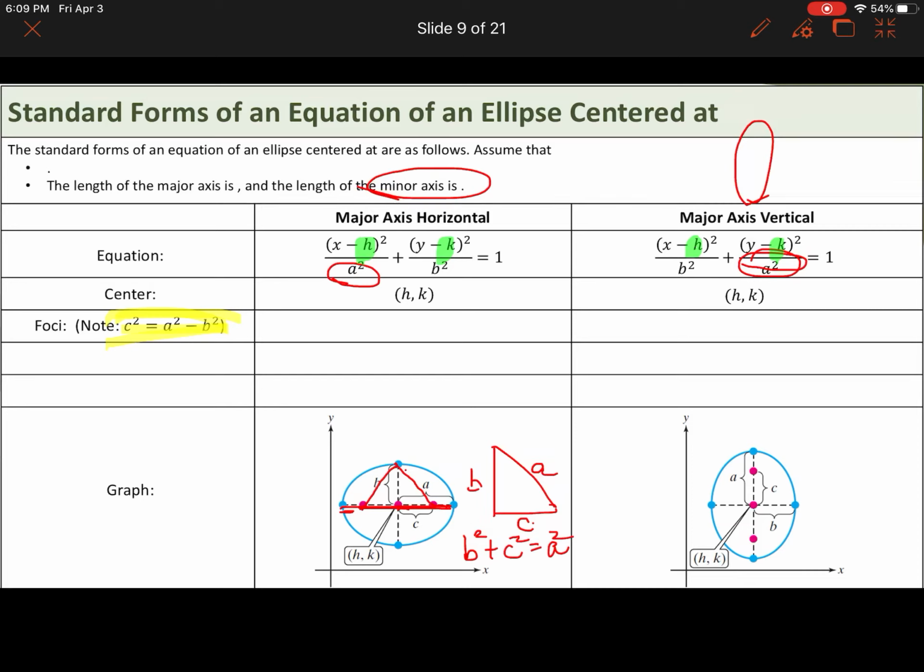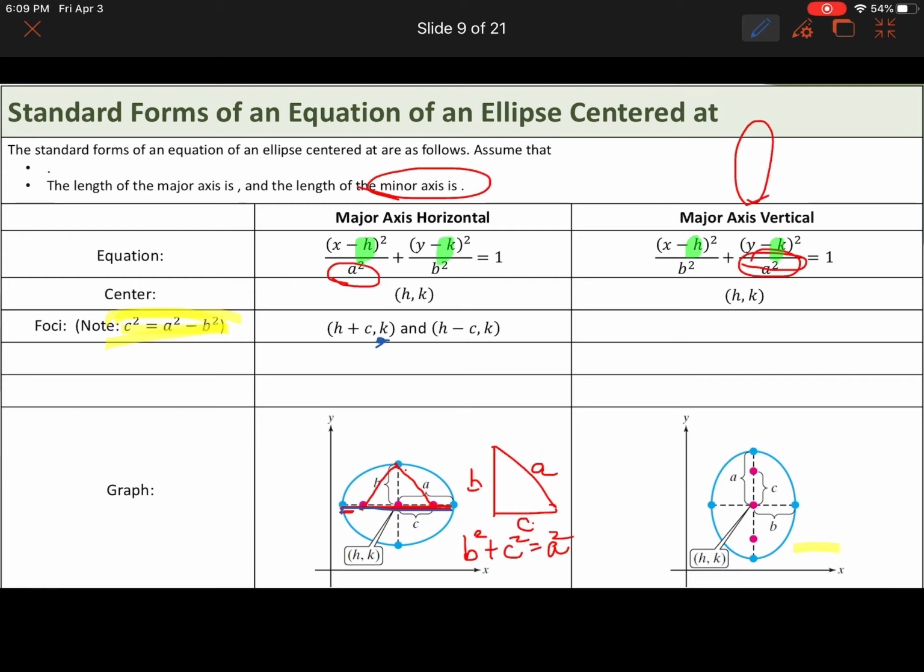All right, so now when we're trying to find the foci, remember that the foci are on this axis here. And so if the foci are on this axis, that means it has the same y value as the center. And so do the vertices, right?